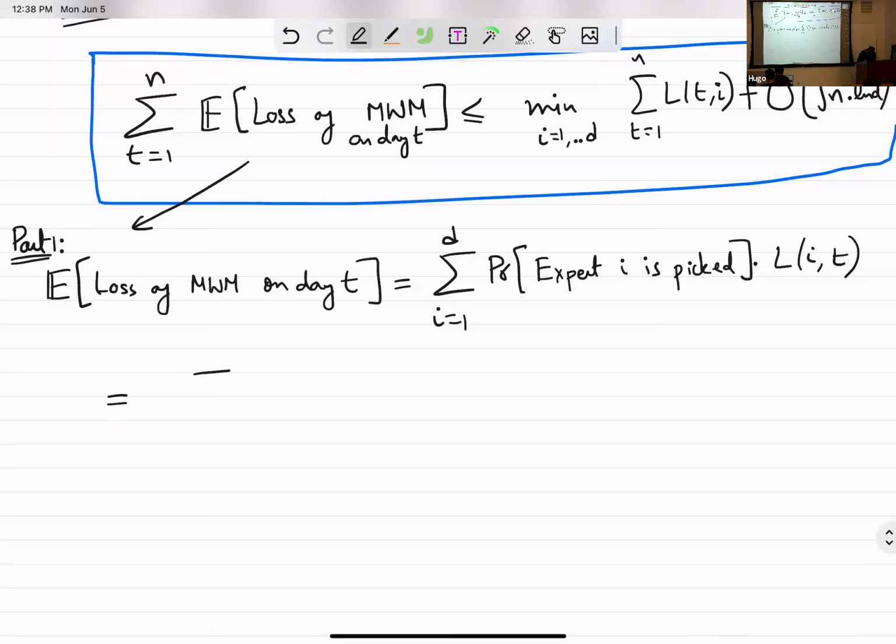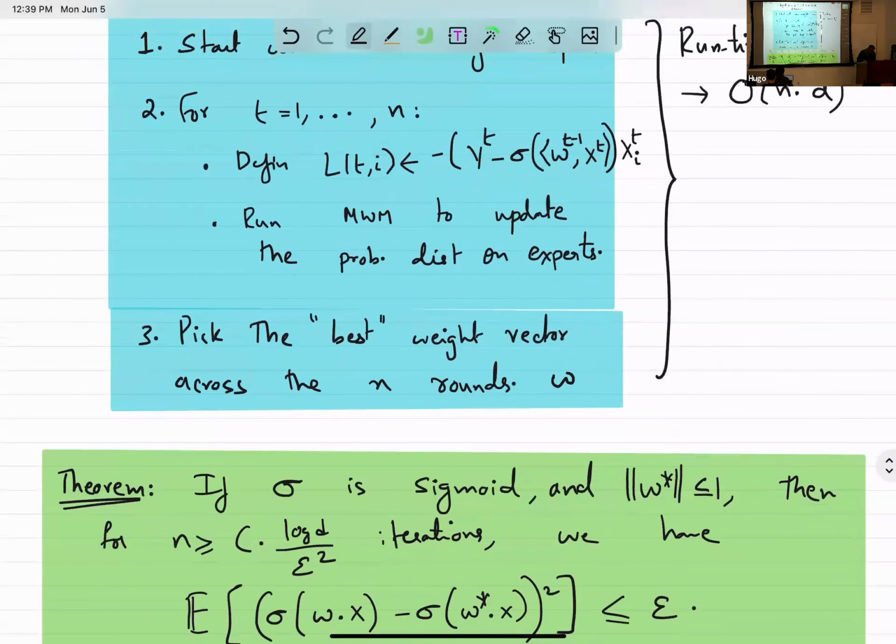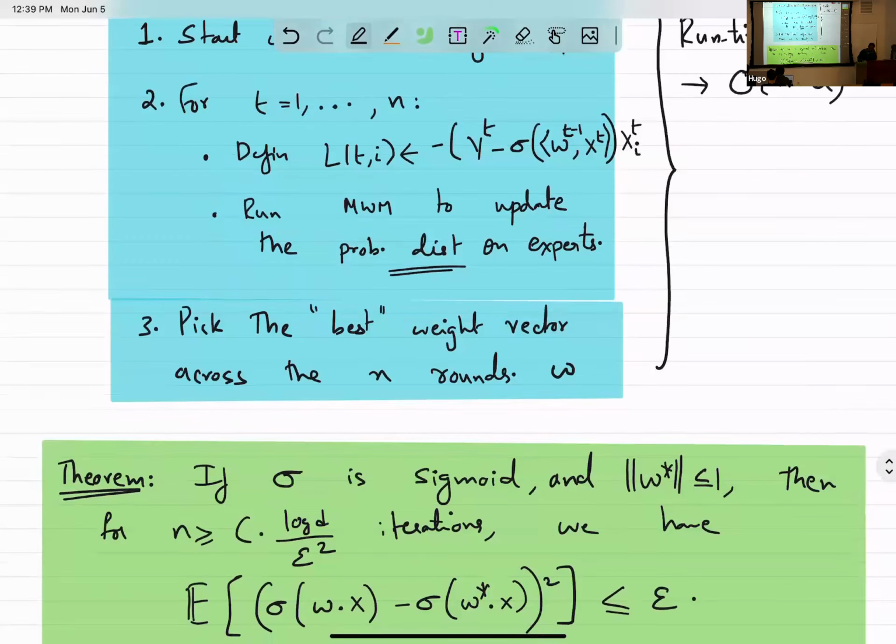And we know what this is. What is the probability that an expert I is picked? It is actually the weight vector after normalization, but we're already normalizing things. So this is just going to be WT minus 1 times L of I. Here, we are normalizing things just so that I don't have to carry around the denominator.